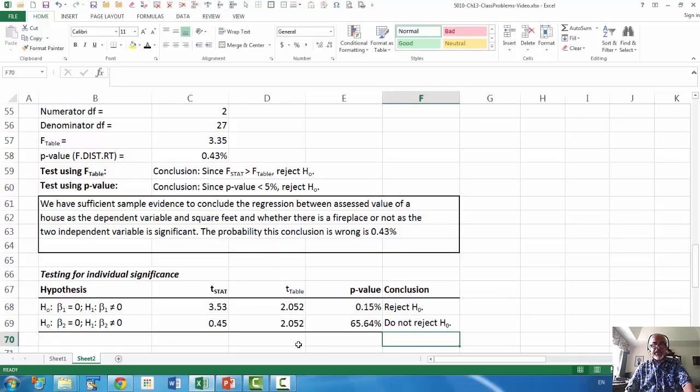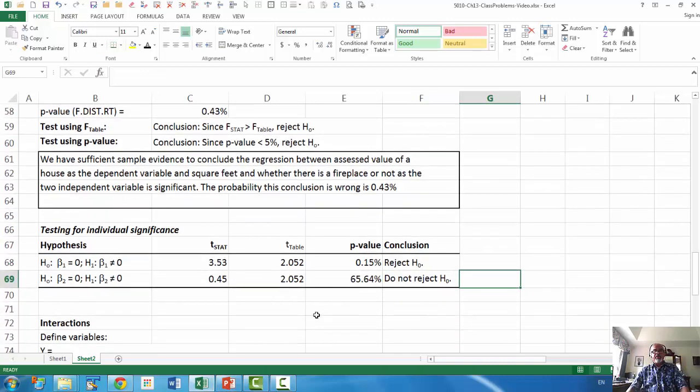If you reject it, the second one, the probability of type 1 error is 65.6%, way too high. So that means whether there is fireplace or not is not a significant factor in determining the assessed price of the house.